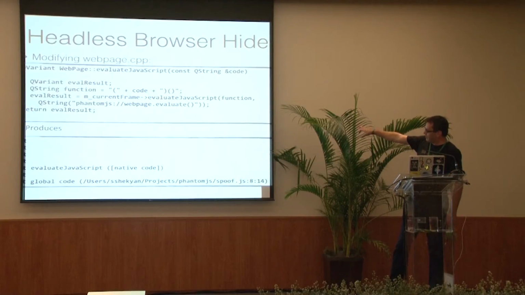If you comment out that line, it pretty much hides Phantom.js traces anywhere in the stack trace. So the stack trace thrown by Phantom.js would look like this text in the second box.